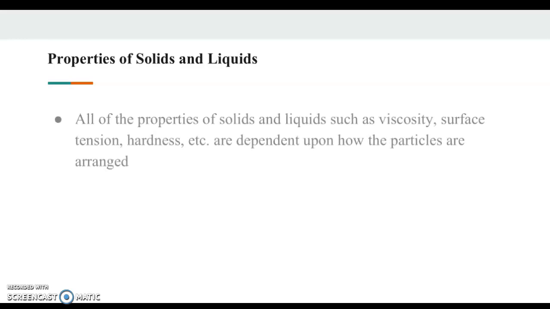Properties of solids and liquids. All properties of solids and liquids, such as viscosity. So viscosity is measuring how fast something pours. Like for example, honey pours slower than water. That would be an example of viscosity. Surface tension and hardness all depend on how the particles are arranged and the intermolecular forces between them.